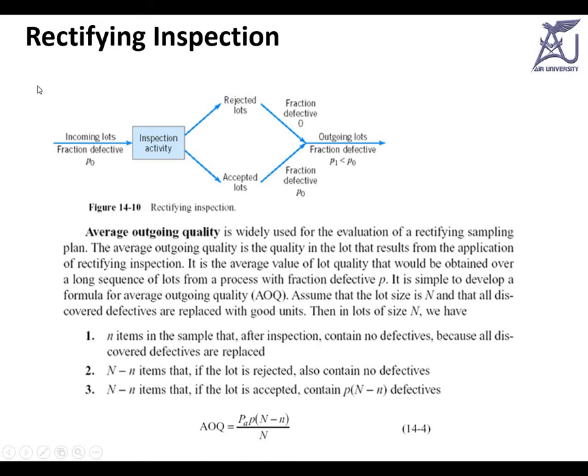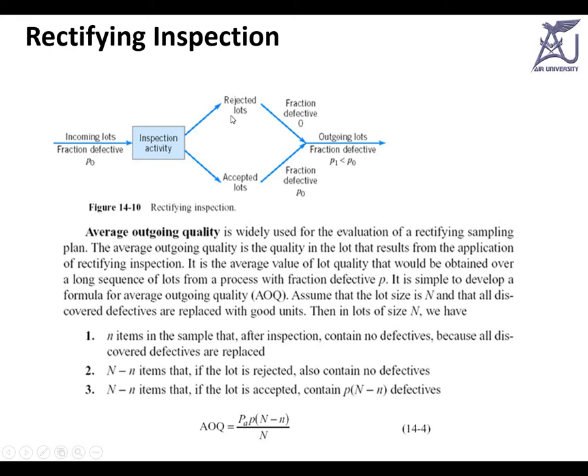The rectifying inspection basically is the one, for example, where you have started the inspection as per the lot by lot inspection plan, and you are accepting some lots, but some lots are being rejected. The lots which are being accepted have, of course, fraction defective equal to P0, which is the acceptable level, called AQL.